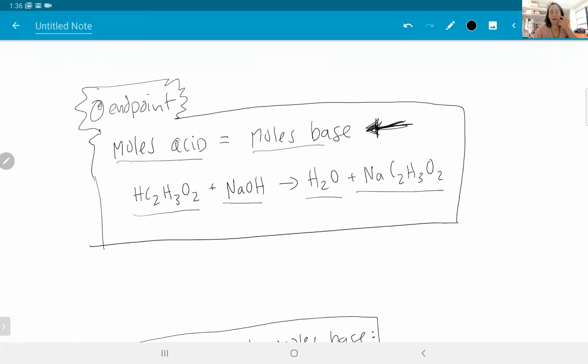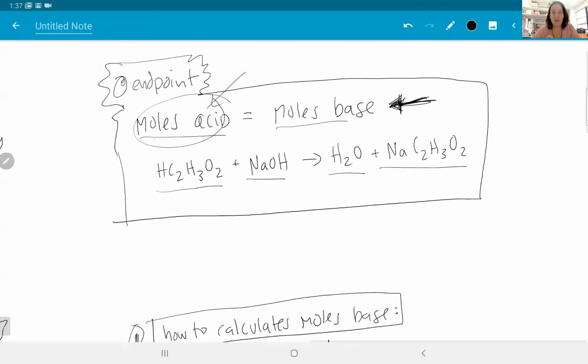Remember, the whole idea of this lab is to determine the molarity of acetic acid. So this is what we need to find. How can we calculate the moles of acetic acid? Well, first let's calculate the moles of the base, because you know the concentration of the base, and because you were using a burette, you can take the final volume minus the initial volume and get the volume delivered.